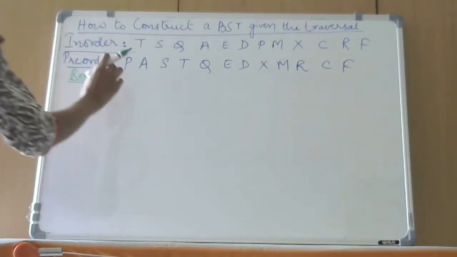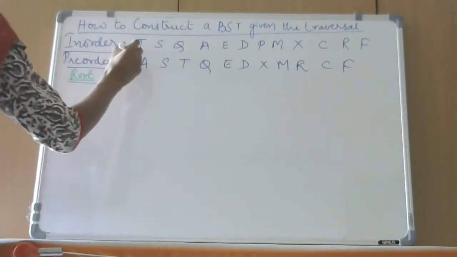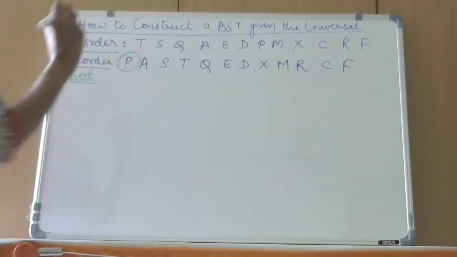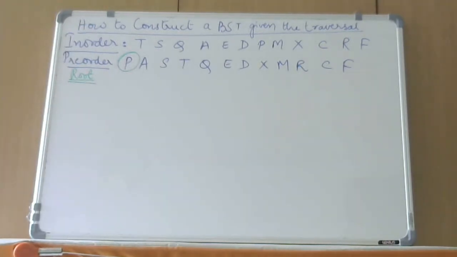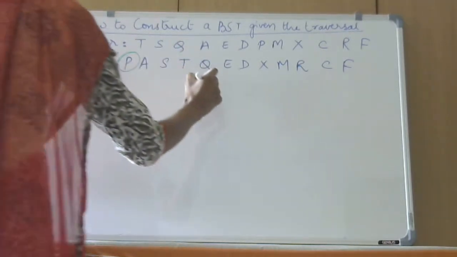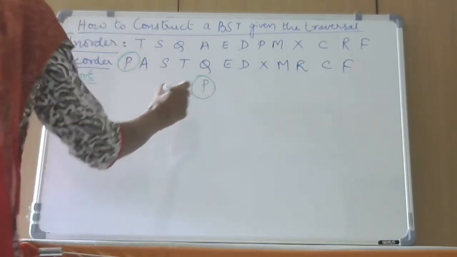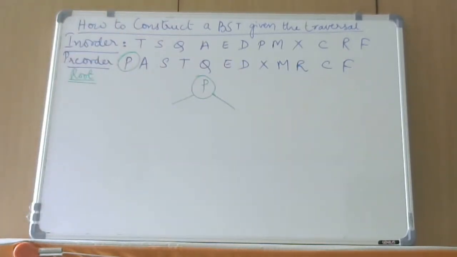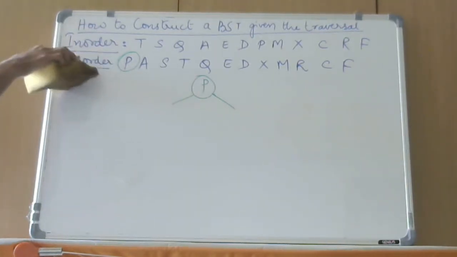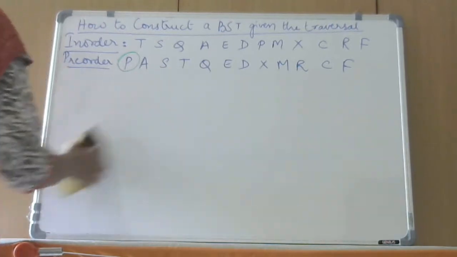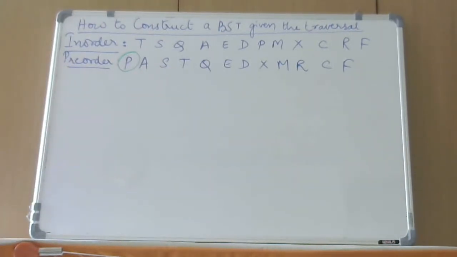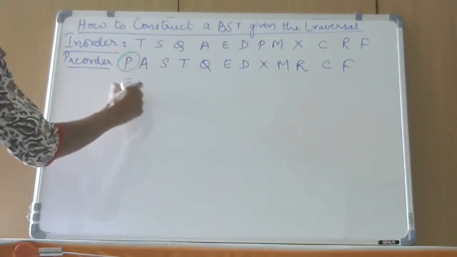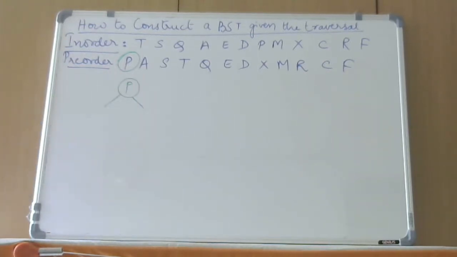Given that this is the pre-order traversal, we have P here. So P is the root of the tree. You can simply blindly put P as the root of the tree. Am I clear? Pre-order traversal always begins with the root. So whatever is the first one, that is nothing but the root of the tree. So I can simply write P as the root of the tree.